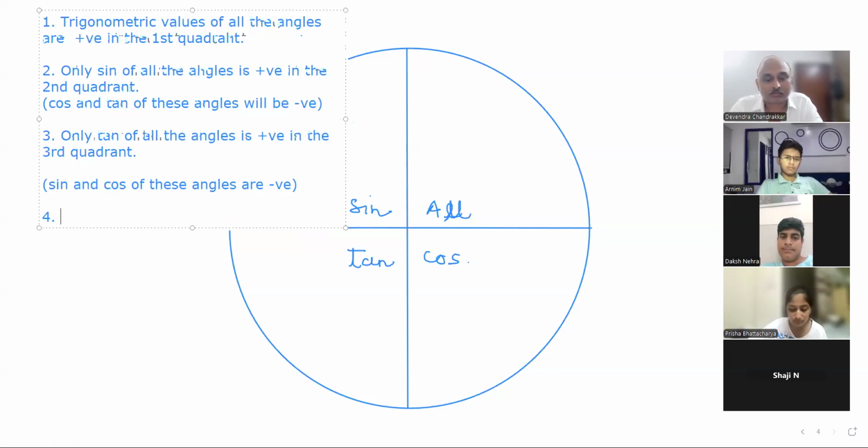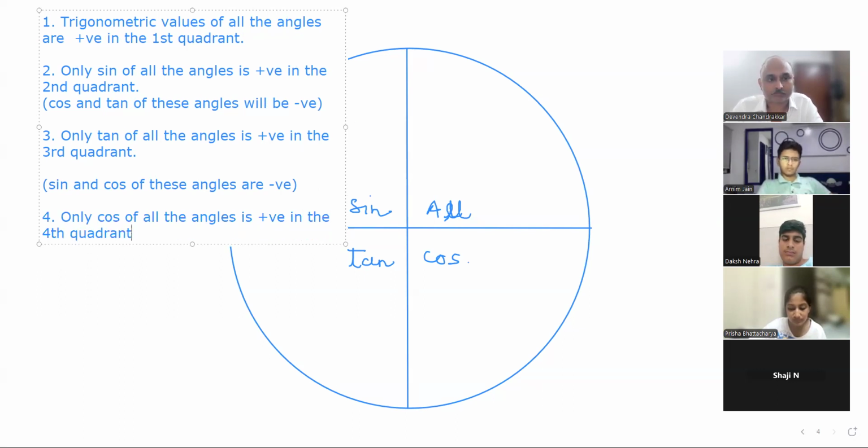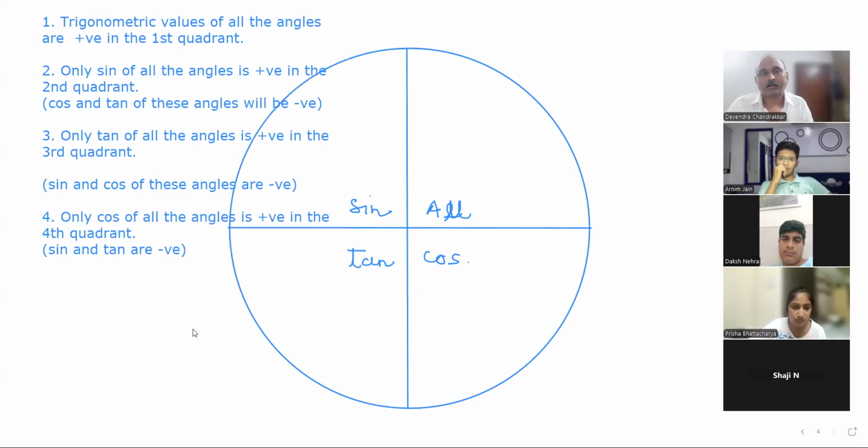Fourth one is only cos of all the angles is positive in the fourth quadrant. So between 270 to 360 degrees, cos of all the angles is always positive. So you need not give it a thought also. क्यों होगा क्यों नहीं होगा, no reasons. So here sine and tan are negative in the fourth quadrant, right?